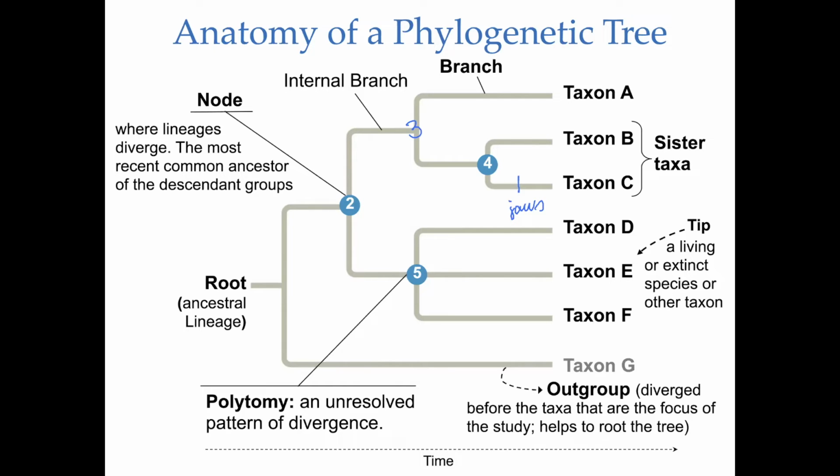And one trait can be present, or if it comes like this and then crossed, it means that it was lost. That trait was lost in this taxon here instead of acquired in that taxa. But we're going to see a little bit more about this in a few minutes.